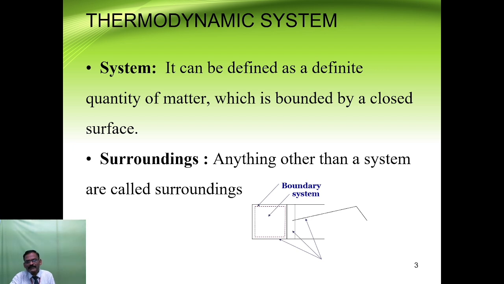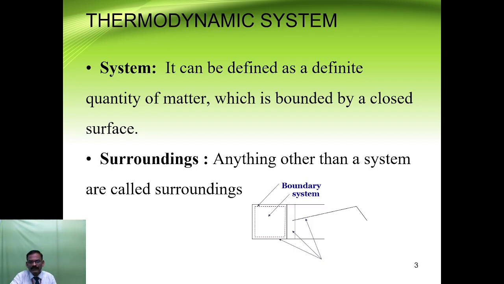Then, the thermodynamic system. A system is nothing but a closed region on which our attention is focused. Any region within the boundary, we can say, is a system. Then the surrounding. What is the surrounding? The surrounding is anything other than the system.